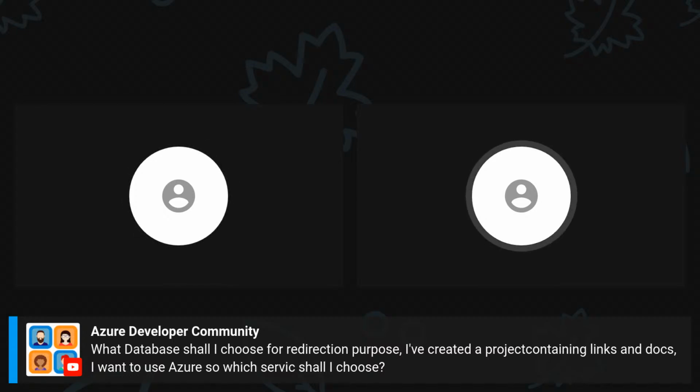In this case, you can leverage Azure Blob Storage for the links and documents. And if you want to use Azure services, you can go for other Azure components like Logic Apps, Azure Functions, and the Graph APIs. I hope that answers your question.